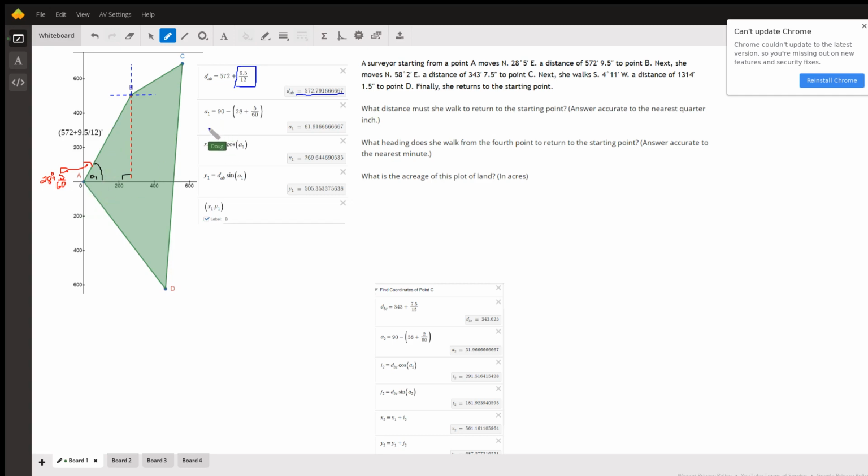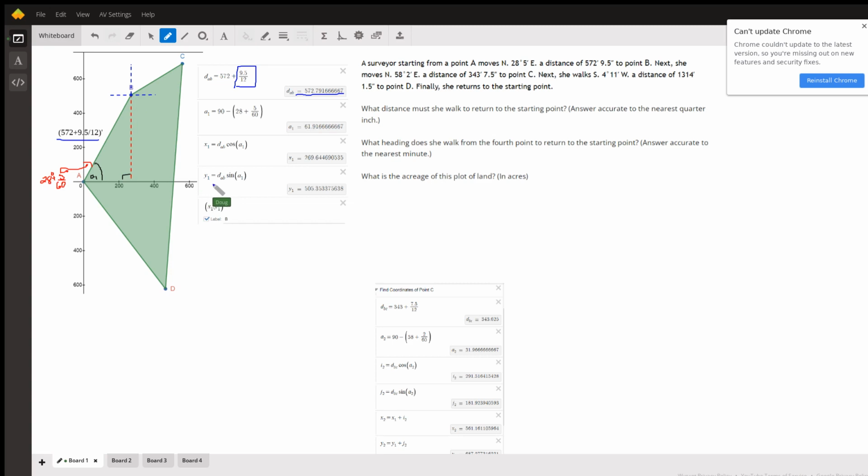So that's what a sub 1 is. This 90 degrees right here, take away this angle that was north 28 degrees 5 minutes east. Okay, and now x sub 1 is the distance from A to B times the cosine of this angle. That will give me the x-coordinate of B.